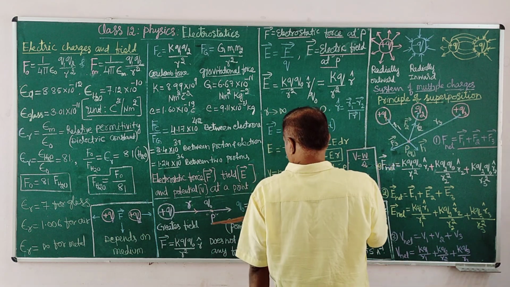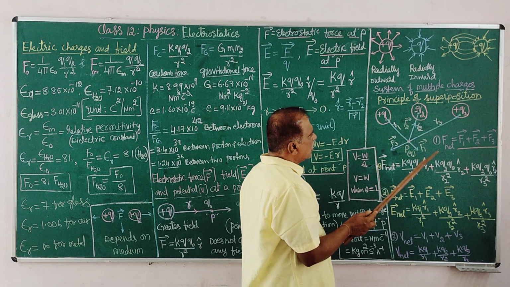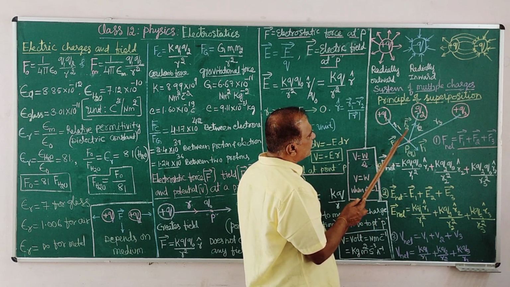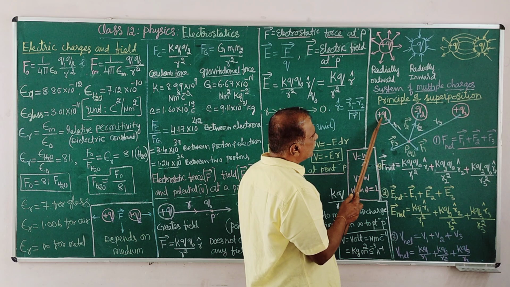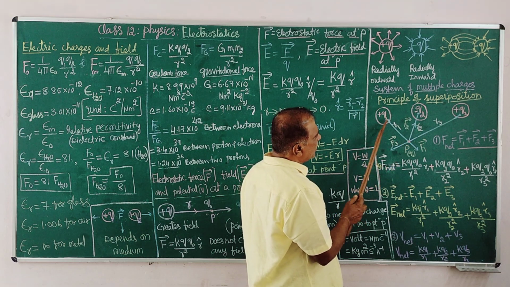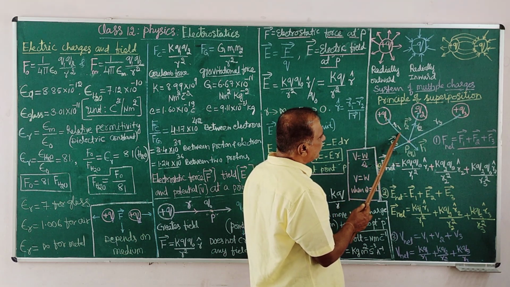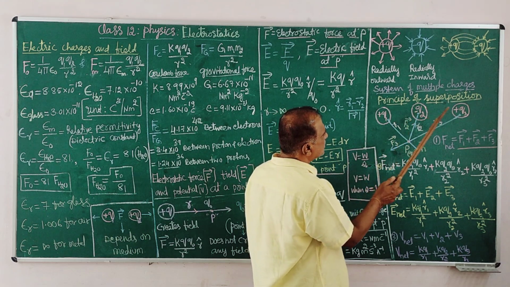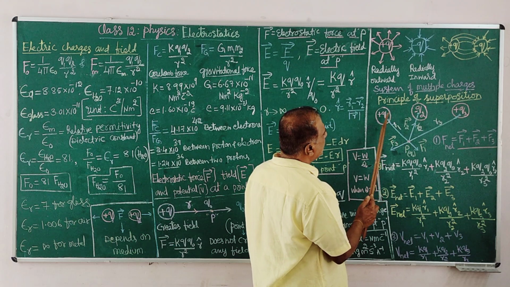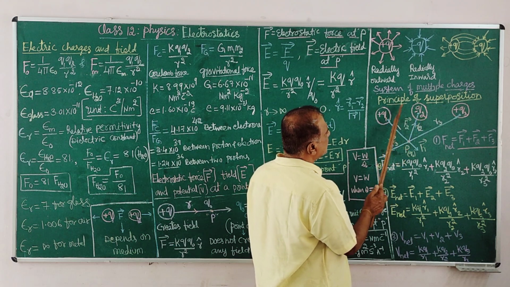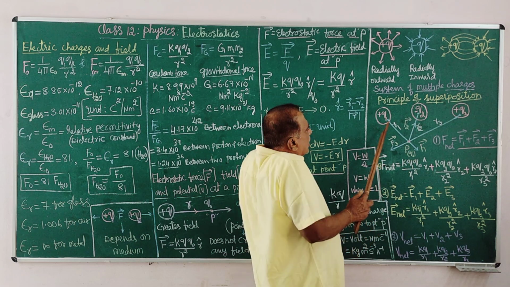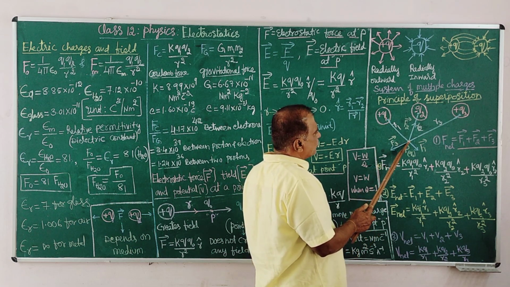It is from the same concept. So the effect of this charge on this point, whether it is force or field or potential, is not affected by the presence of the other charges. It is independent of the presence of any number of charges, or any nature of charges, in the system.